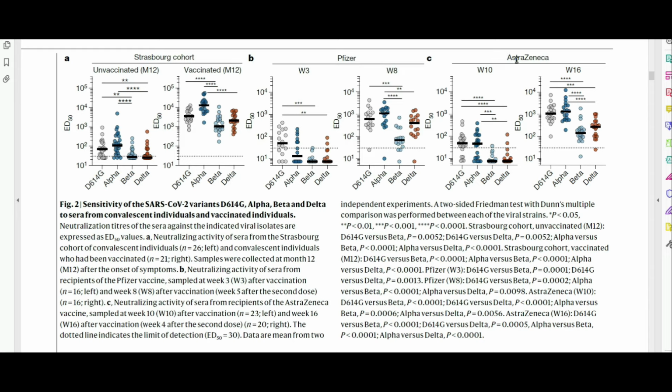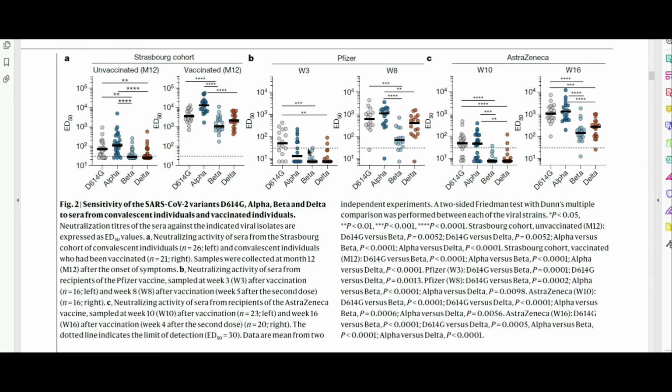And so this one is the AstraZeneca, which I think is just a 1 dose version, but it's looking 10 weeks and 16 weeks after vaccination. And so we can see that there are more antibodies 16 weeks after vaccination.